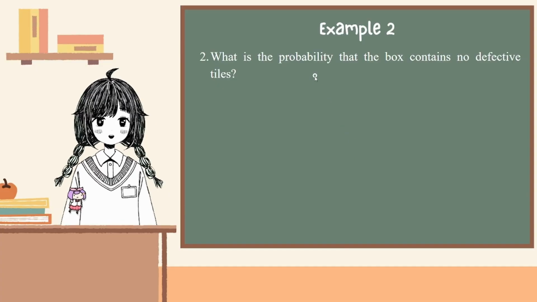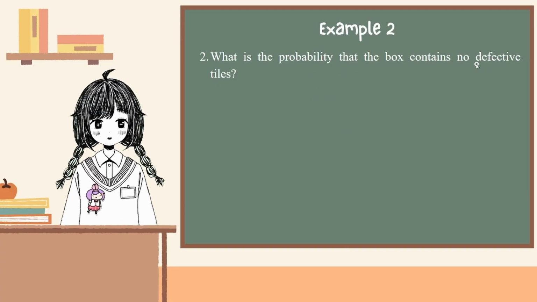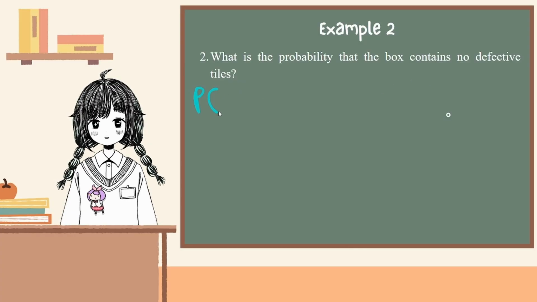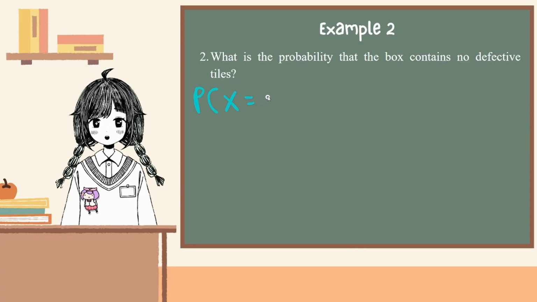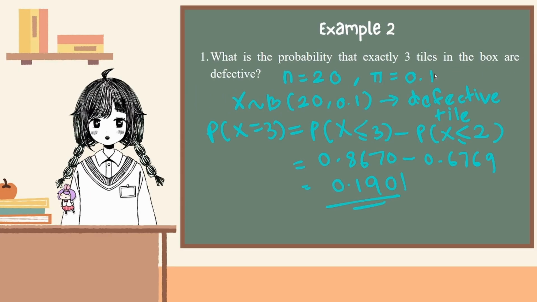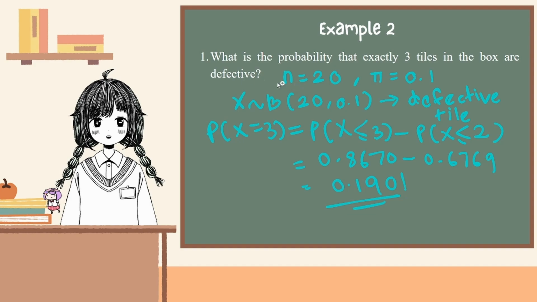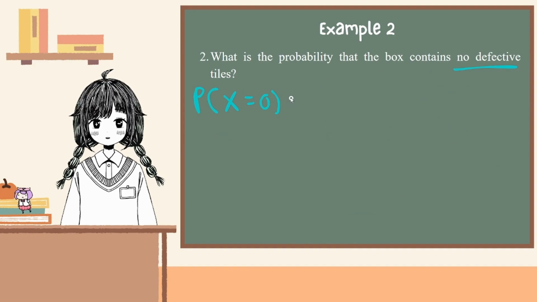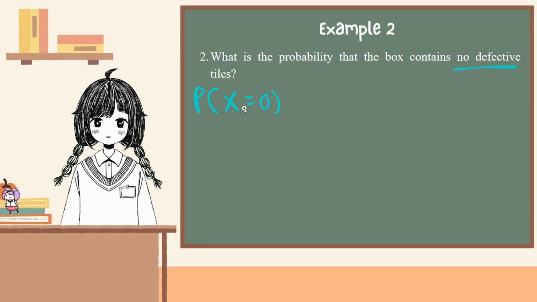For question 2: what is the probability that the box contains no defective tiles? No defective tiles means that P(X = 0). Our binomial probability is for the defective, so it makes sense to use P(X = 0).